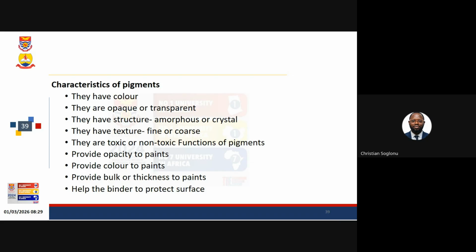It says that they are opaque or transparent. That is true when you apply your paint on the surface: either you cover the surface that you applied on, or you see the background, or you see the support through the paint. That makes it transparent.